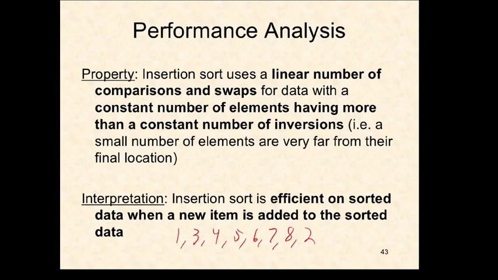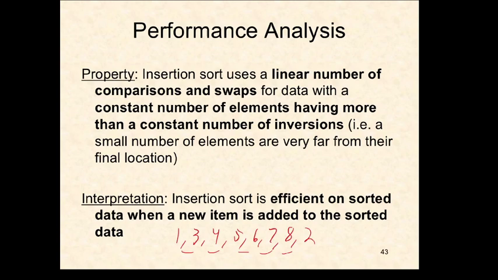Because it says, hey, 1 is in the right place, 3 is in the right place, it already is, 4 goes in the right place, it already is. Very quickly I discover in a constant number of comparisons that those are all in the right place, and then it takes a linear number of comparisons and writes to get the 2 to where it should be.